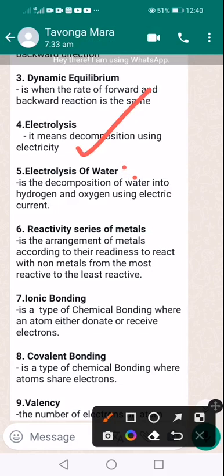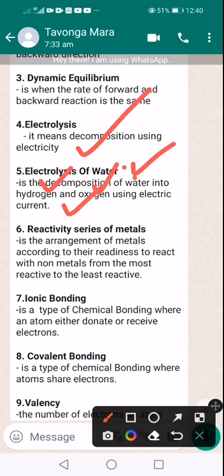electrolysis of water, this is actually the decomposition of water into its elements or into its constituents, that is hydrogen and oxygen, using electric current.